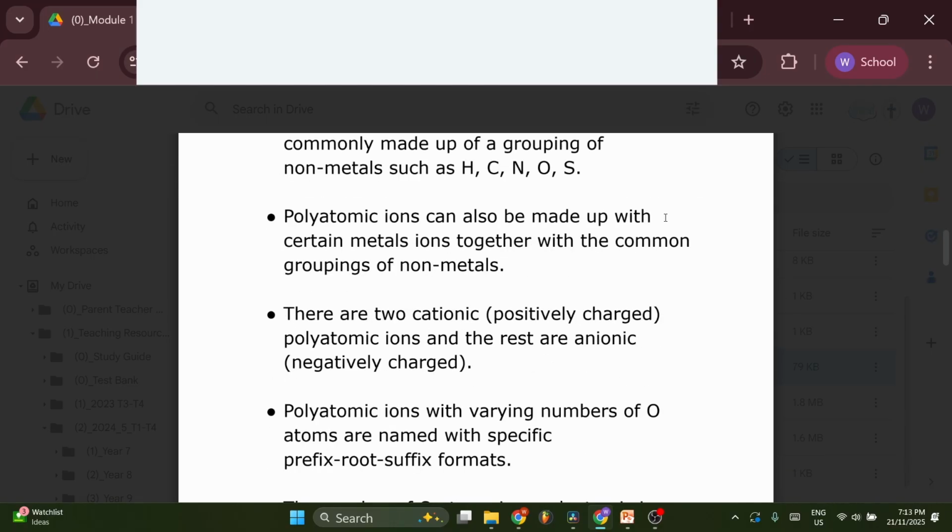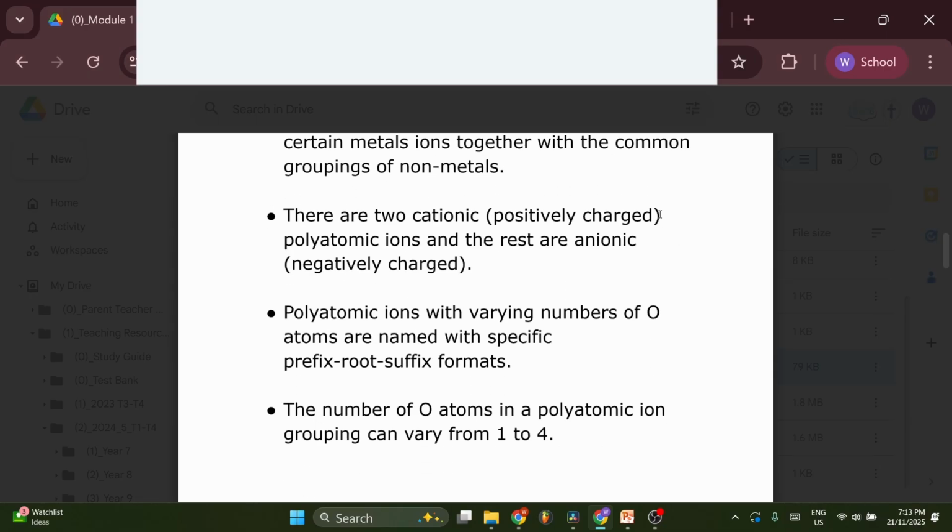There are 2 cationic polyatomic ions, and the rest are anionic, negatively charged. Polyatomic ions with varying numbers of O atoms are named with specific prefix, root, suffix formats. The number of oxygen atoms in a polyatomic ion grouping can vary from 1 to 4.